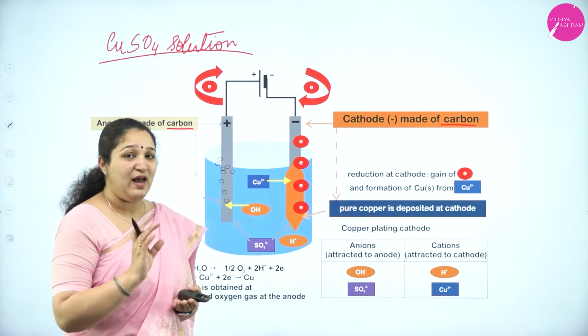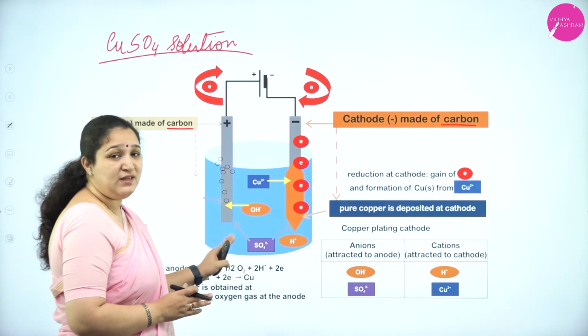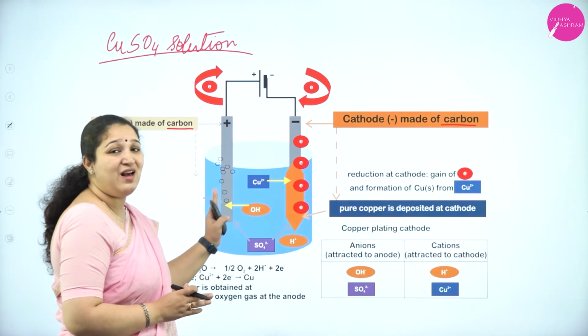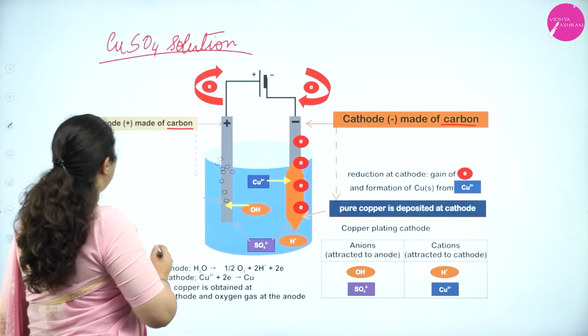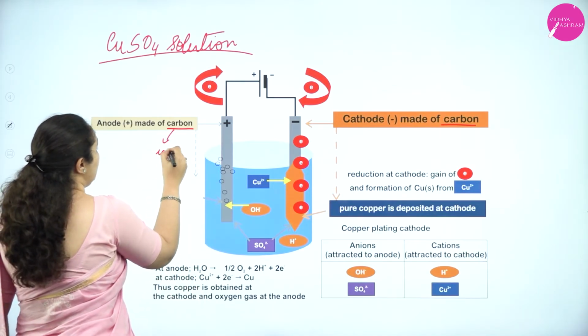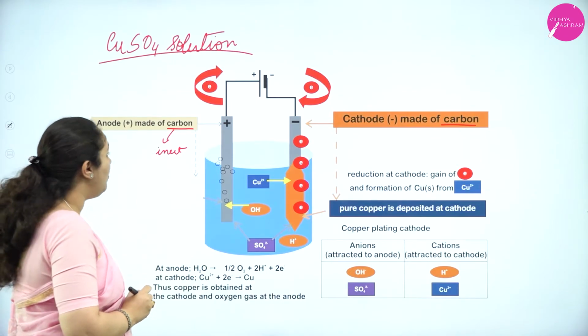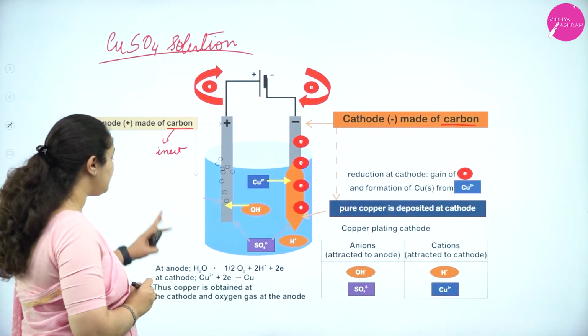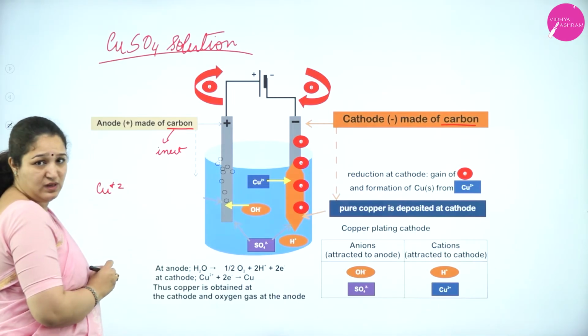What have we done? I have changed the electrode. Same copper sulfate solution itself, but the electrode used is the carbon electrode, which is inert here. Okay? Carbon electrode is inert. It is not taking part in the reaction. So, what will happen here is, I have Cu2+ ions, correct?